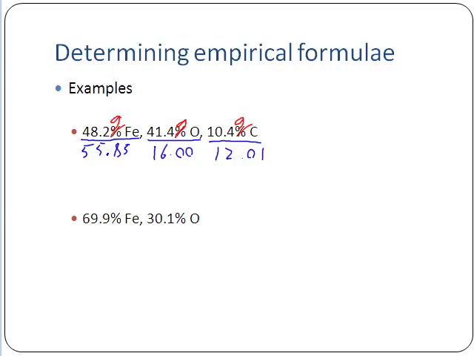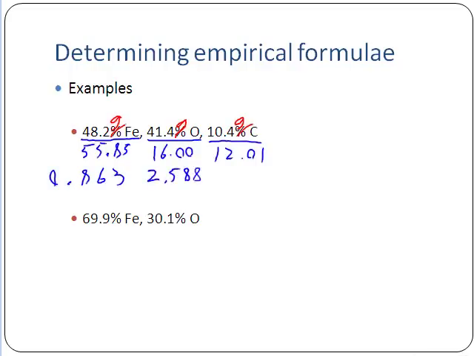Breaking out the calculator, we have 48.2 grams of iron divided by 55.85, and we get 0.863. For oxygen, we take 41.4 and divide by 16, and we get 2.587. So we'll say that's 2.588.